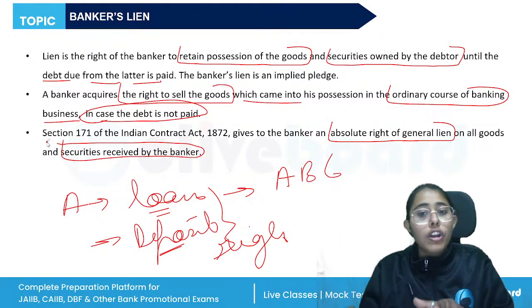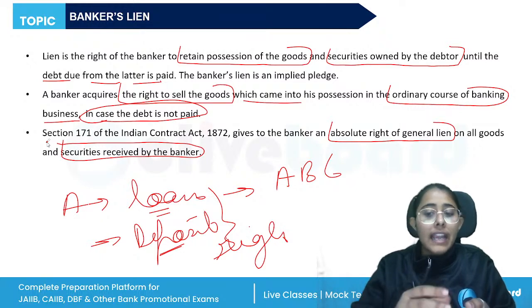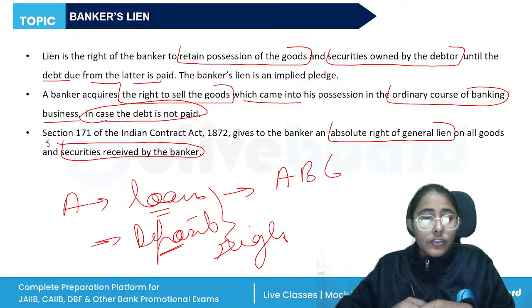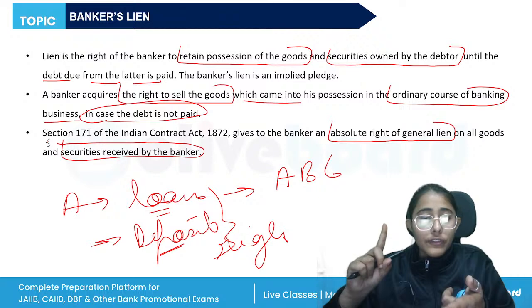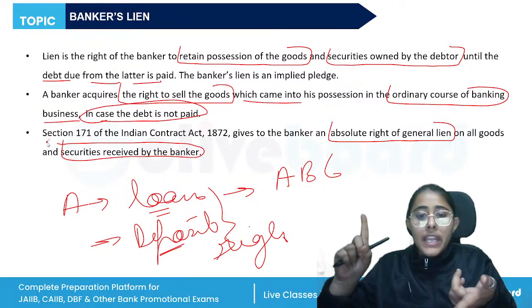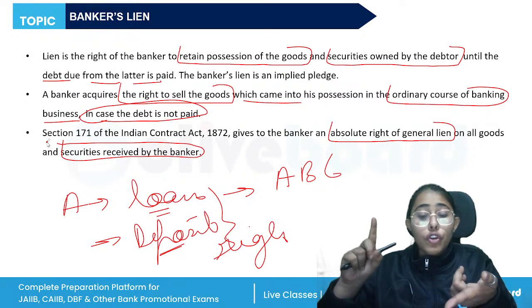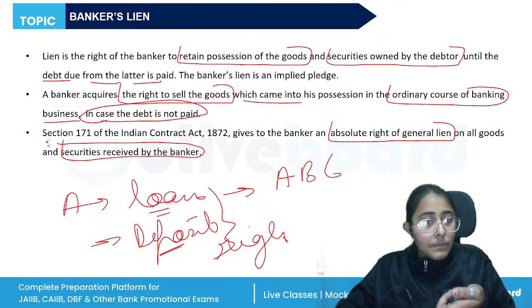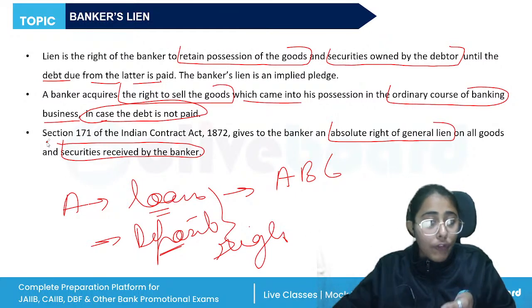Only through the normal course of business can they create this right. So the property must come into the hands of the bank in the normal course of business. Then it should not have been entrusted for any particular purpose. This possession should be lawful. So this is the banker's lien.